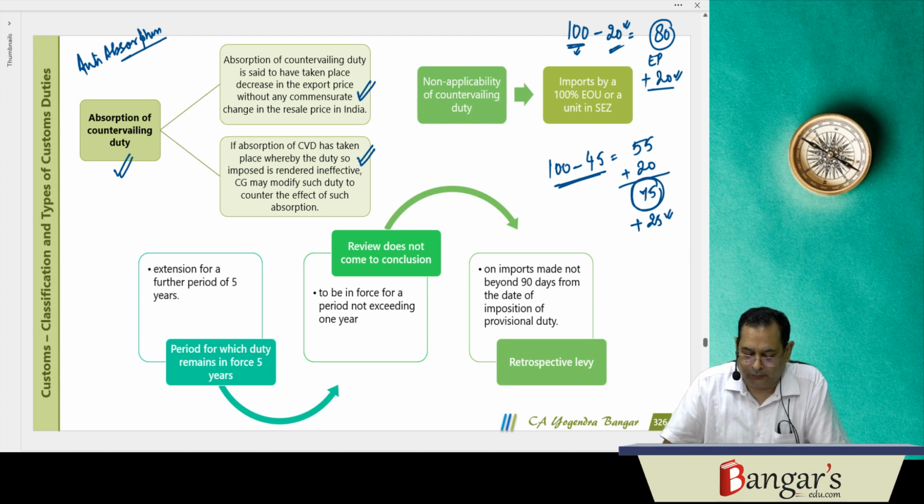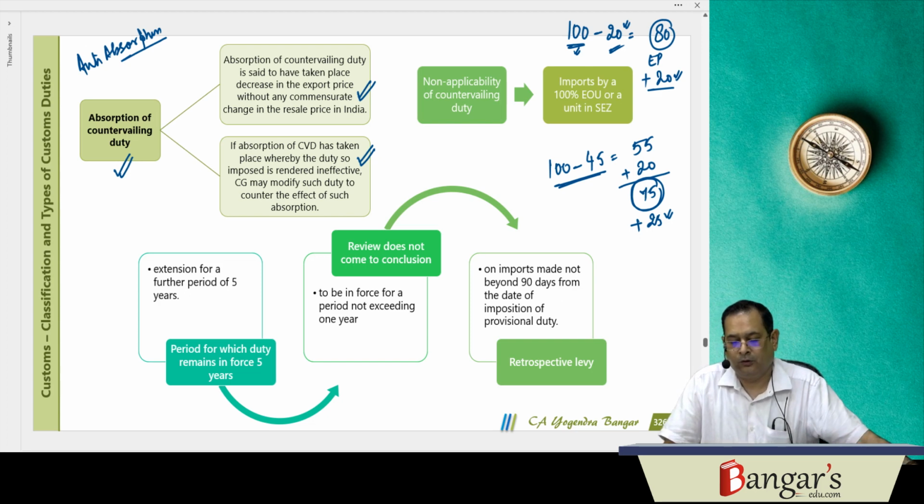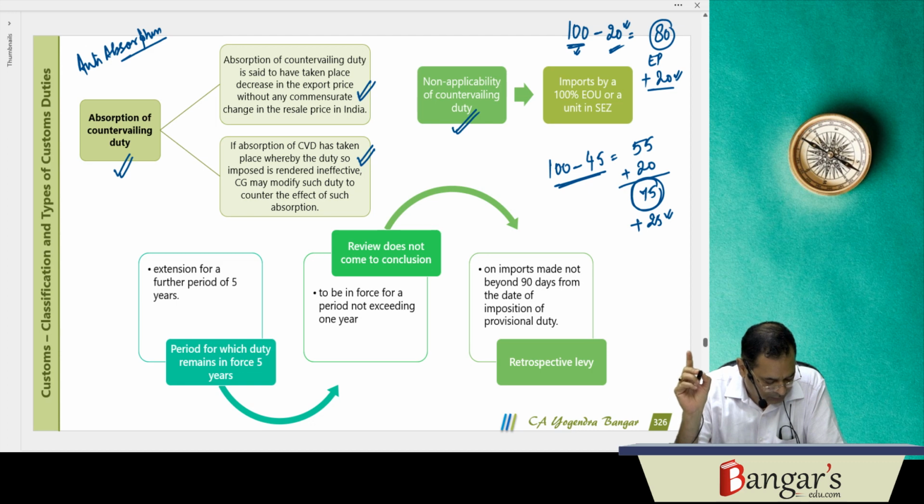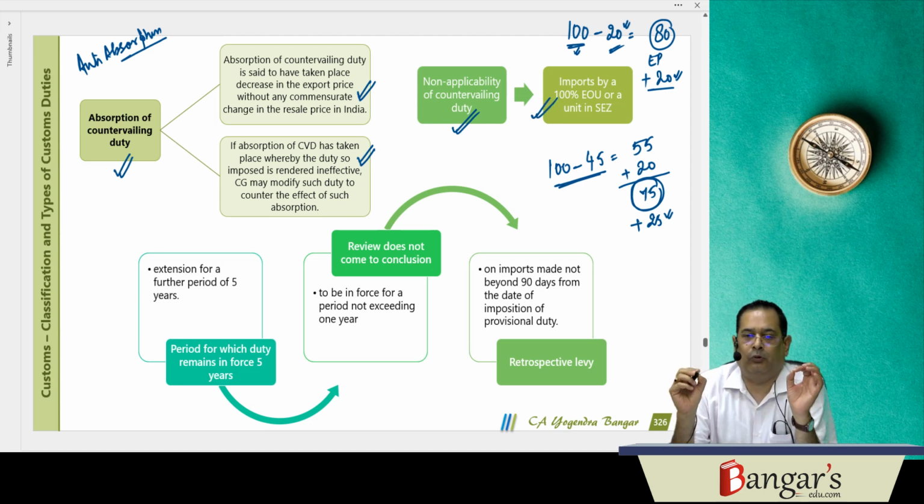Then comes the non-applicability of the countervailing duty. The countervailing duty will not be imposed in case the imports have been made by 100% EOU or a unit in a SEZ.